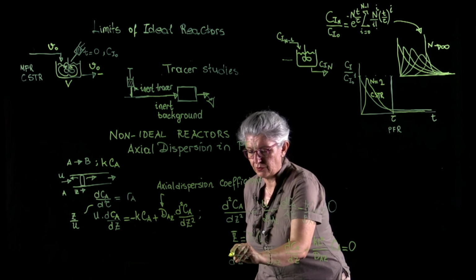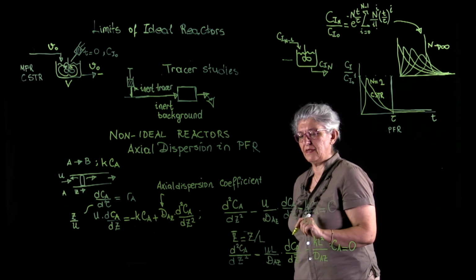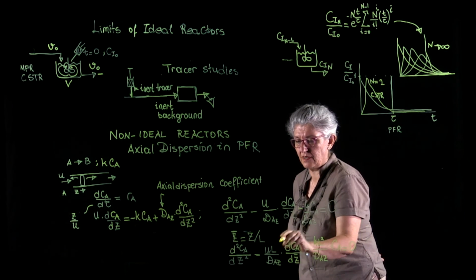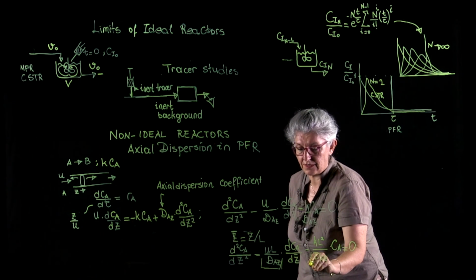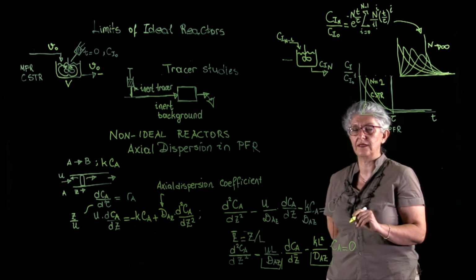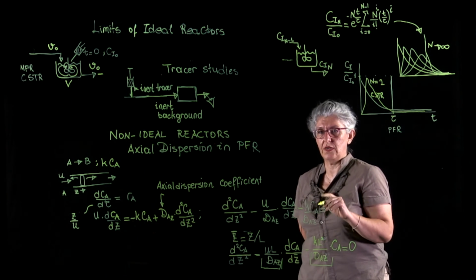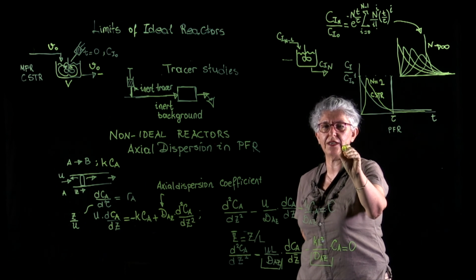Now there are two important implications in this semi-non-dimensionalized equation. We have two dimensionless numbers. One is the Peclet number and the other is the Damköhler number of the second kind. So the Damköhler number of the first kind was tau k, if you remember.